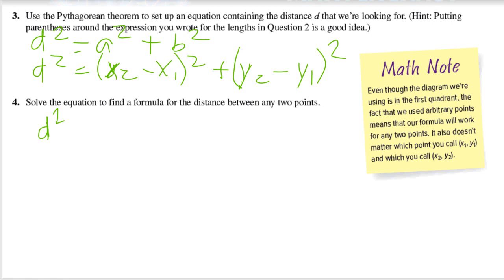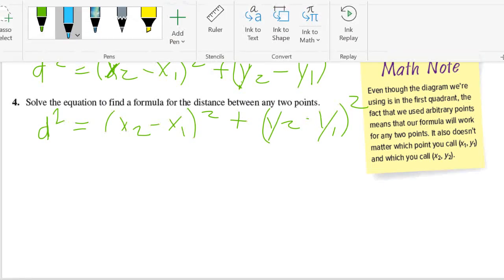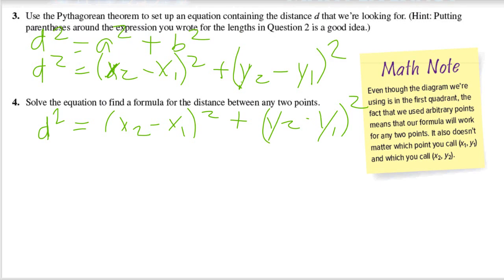Question 4, we have d squared equals (x2 minus x1) squared plus (y2 minus y1) squared. As we've done before, if we know d squared and we want d, we need to take the square root of d squared to get d.